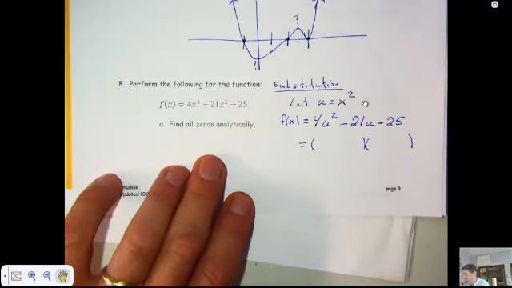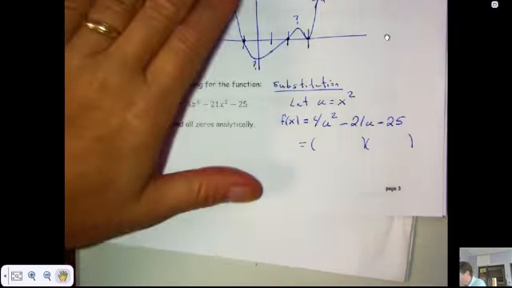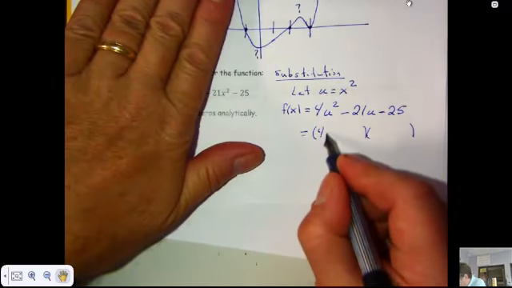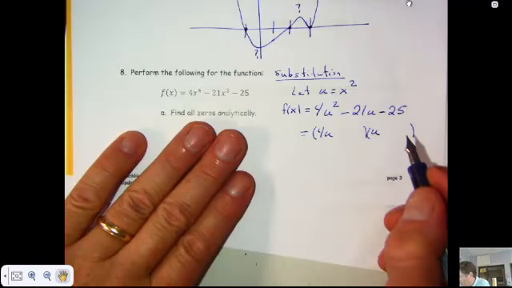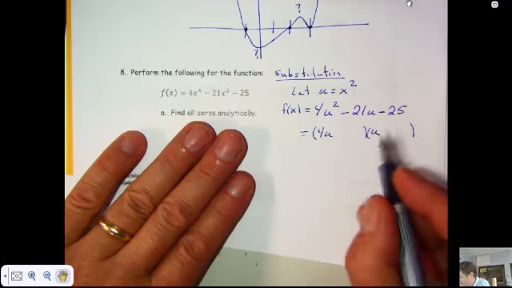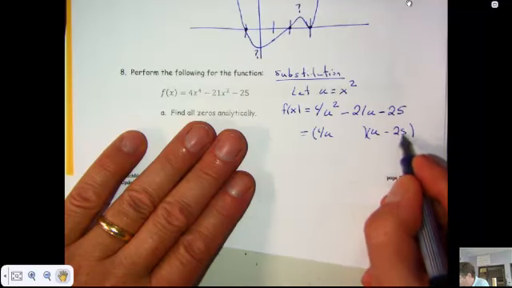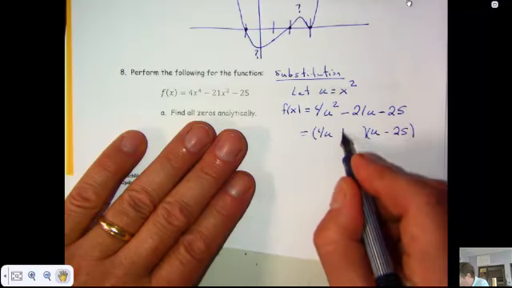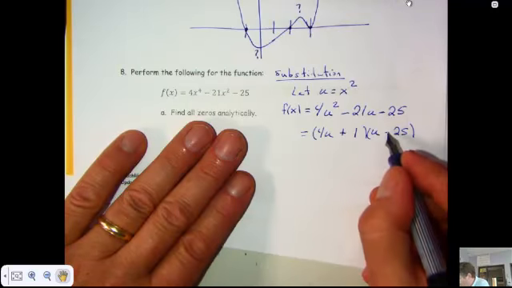If you don't see it factor so quickly, you may want to go ahead and move on. I know, though, that if I have 4u and u, factors of 25 are actually 1 and 25. If I make this a minus 25 and a plus 1, does that work?